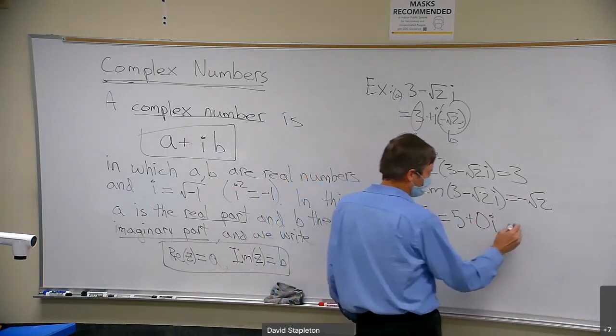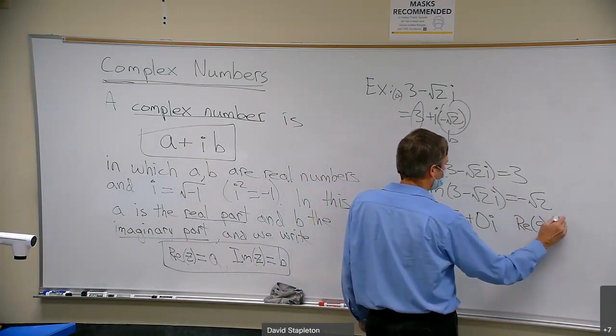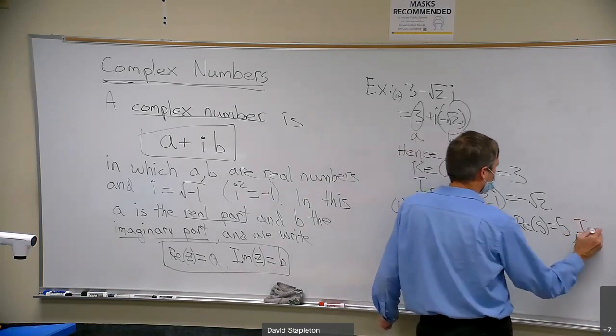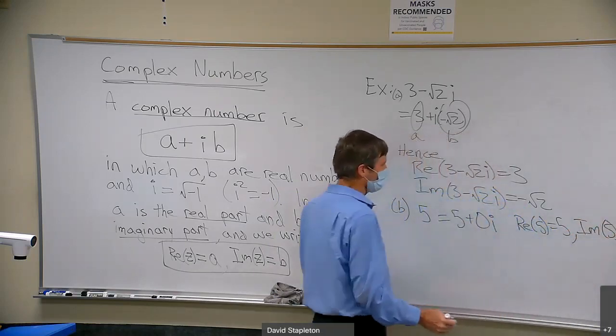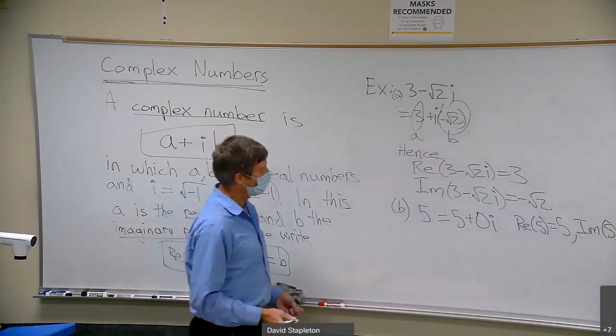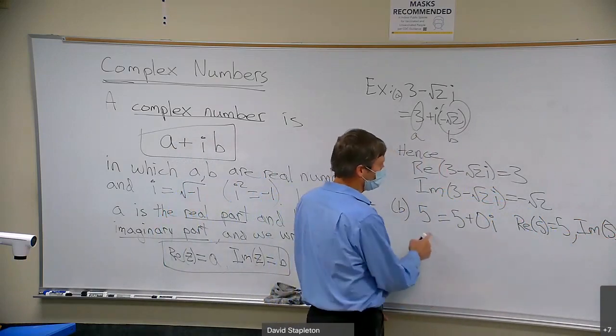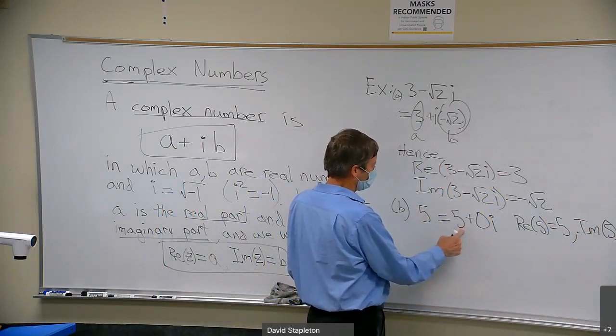And you can say that the real part of 5 is 5, the imaginary part of 5 is 0. No imaginary part, it's a real number. Right? So actually what this shows is that the real numbers are a subset of the complex numbers. Any real number like 5 is also a complex number, the real number plus 0 times i.